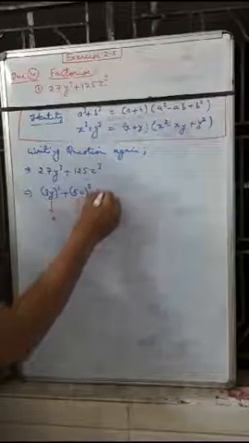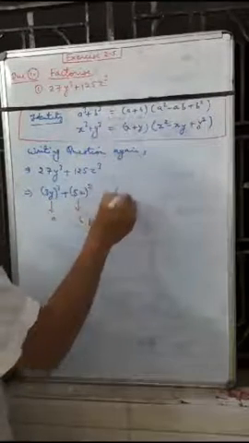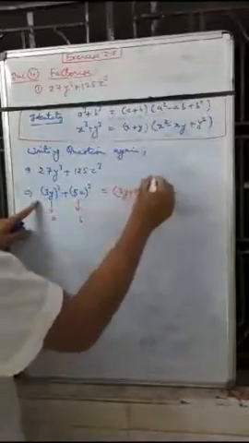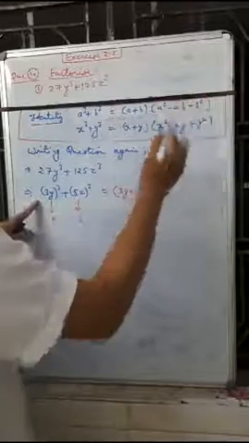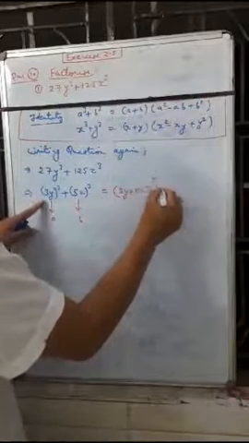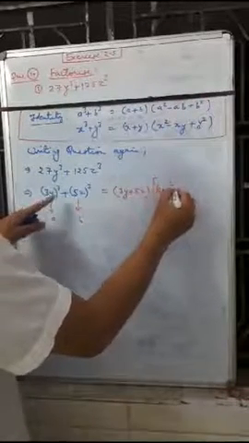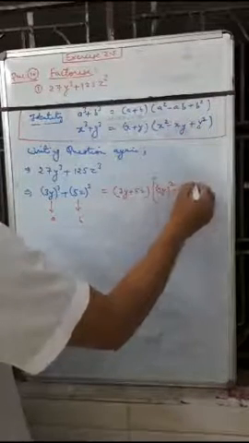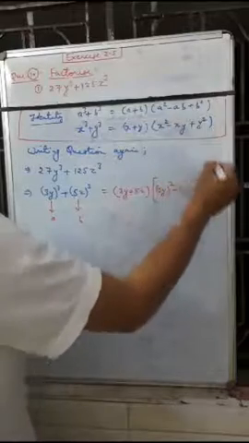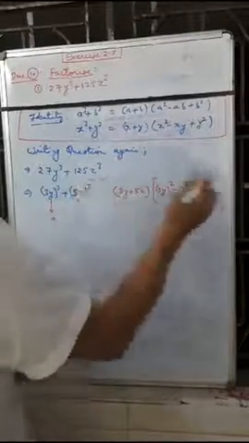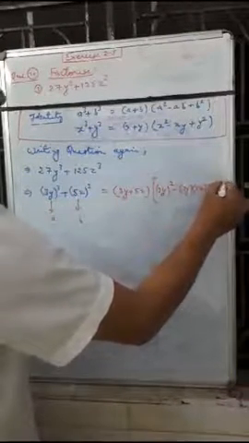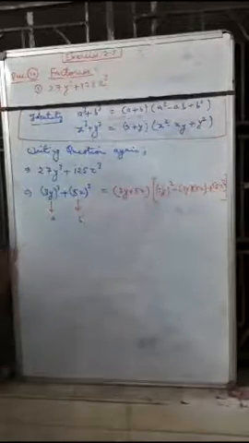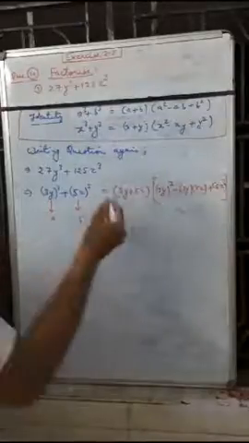So we have to convert it into a plus b. A plus b, how will we write? 3y plus 5z, and a square minus ab plus b square, where a square is equal to (3y) whole square, and minus ab, 3y into 5z, plus b square, so b square is equal to (5z) whole square. We have written it like this. Now we will solve the next step.